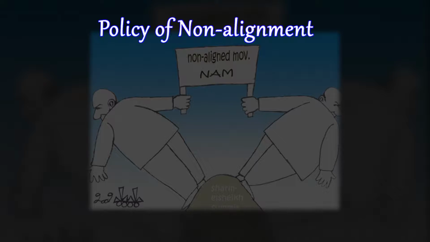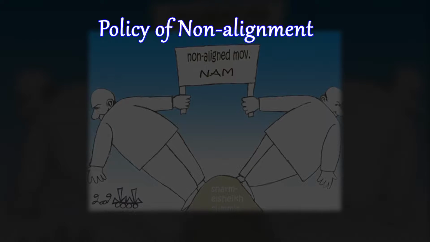To attain these objectives, the foreign policy that India has been pursuing constantly is known as the policy of non-alignment, though there have been changes in it to keep it relevant in the context of changes on the international scene. Now, what is the policy of non-alignment?